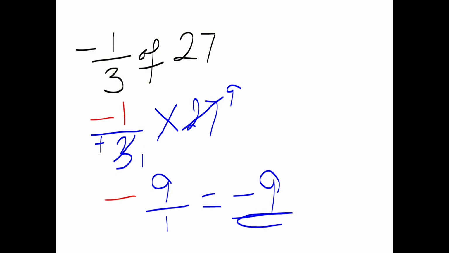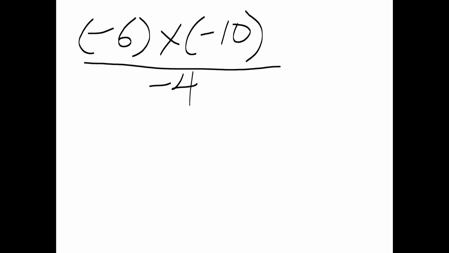Good. Here is a big and yet simple question for us to do. We have a minus 6 and minus 10 multiplying themselves, and at the same time dividing a minus 4, right? So let's take them one by one. For the numerator part, we have minus here multiplied by minus here.